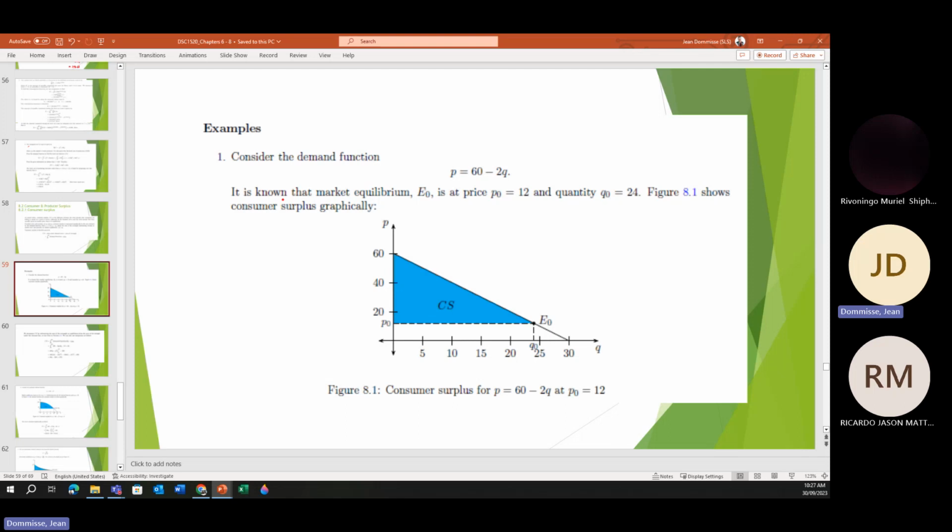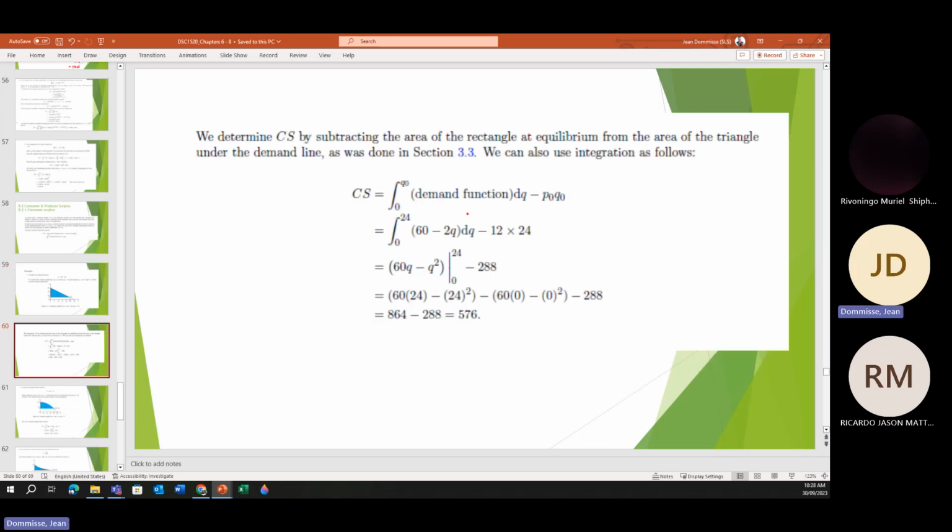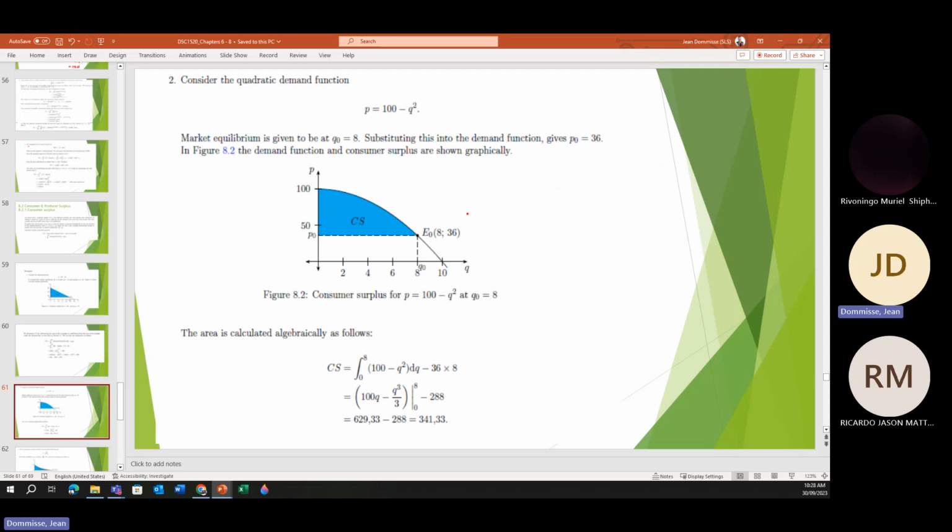So this would have been one of where we have looked at exact market equilibrium of a linear function. That is work we've done in, what was it, chapter 4, I think, if I can remember correct.